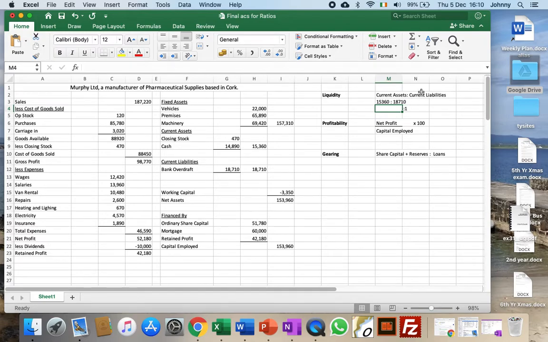On the right hand side, I have 18,710 divided by 18,710. That's where my 1 comes from. On the other side, I have 15,360, and I'll divide that by the 18,710. So I'm dividing both sides by my current liabilities. I got 0.82, so I'm just going to round it off to 0.8.